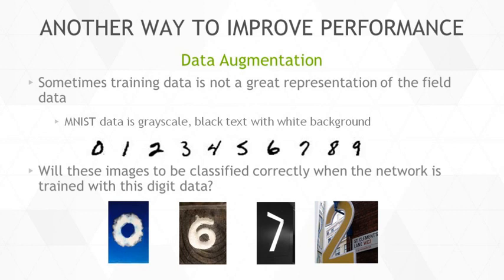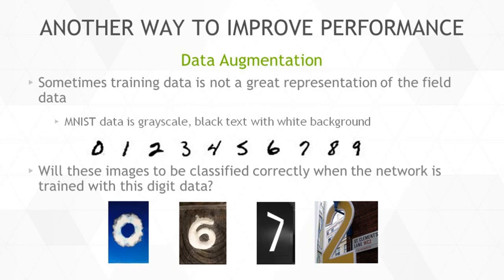So I have a simple example here. I have a data set comprised of the MNIST data set, with a white background and black digits ranging from 0 to 9, but maybe I would like to classify images that are digits but don't look very similar, or are not well represented in this standard MNIST data set.